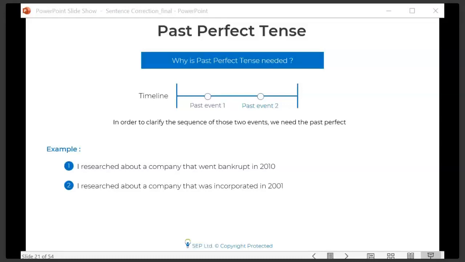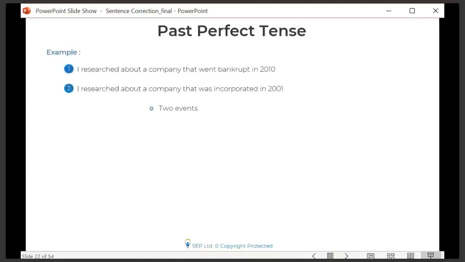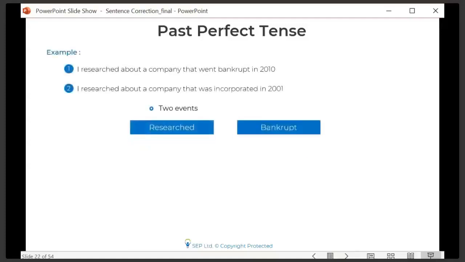So let's see which statement is incorrect and why. If you look at the two sentences, the two sentences talk about two events, right? The one event is researched and the other event is went bankrupt, all right? And both took place in the past.